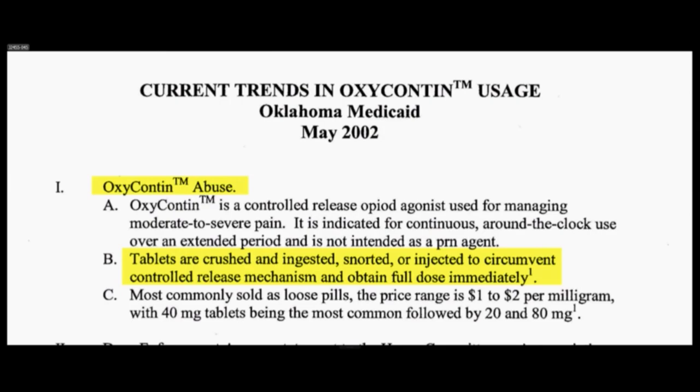And this was what was presented to the DUR board members in May of 2002 as an explanation of the ways that OxyContin was being abused, right? I don't know if it's an explanation of the way it's being abused, but that information is listed under OxyContin abuse.